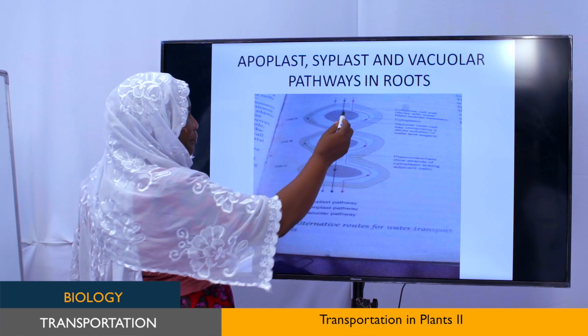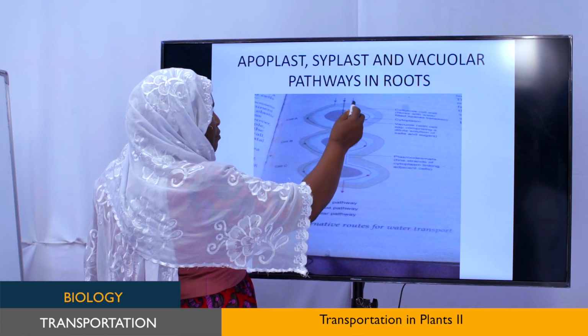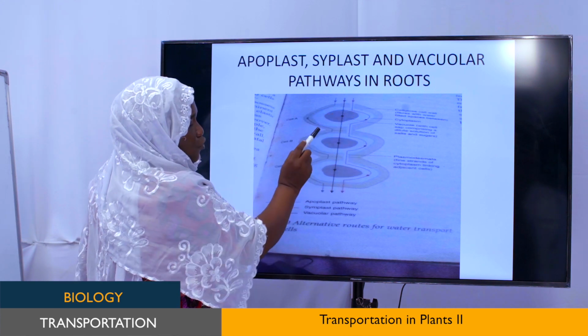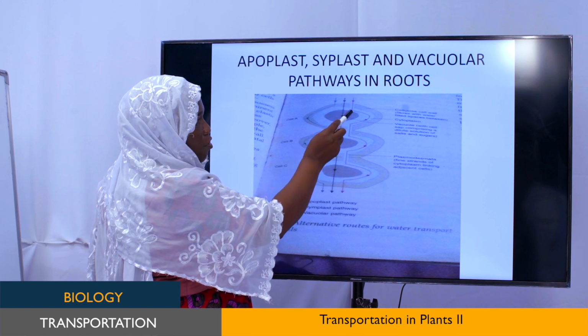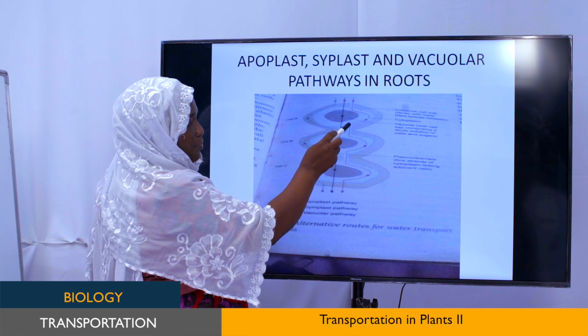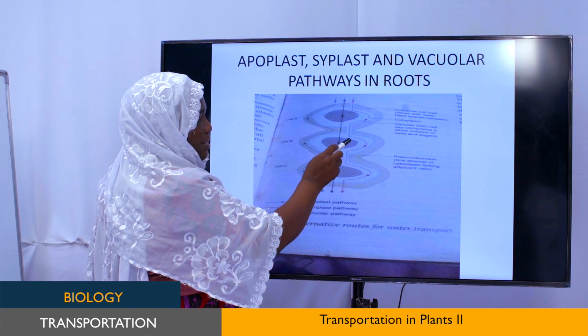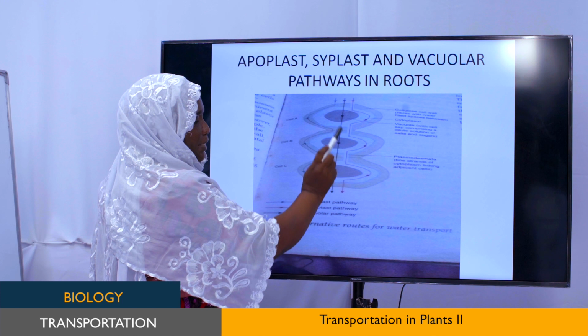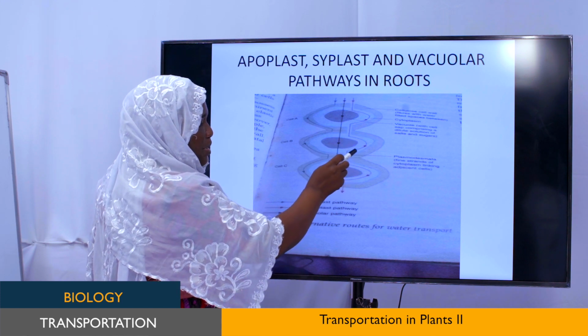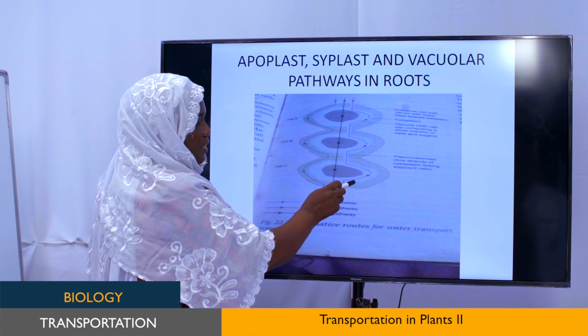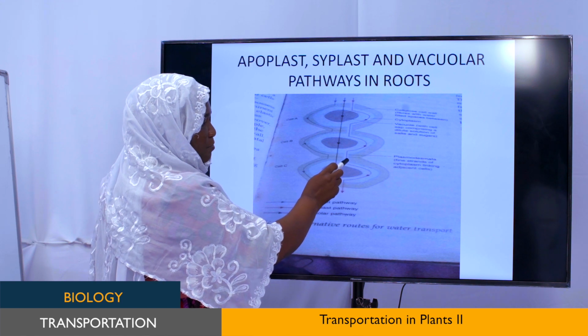And this one moves through the cytoplasm. It moves from one cytoplasm to the cytoplasm of another cell through plasmodesmata, from cell B to cell C through plasmodesmata.